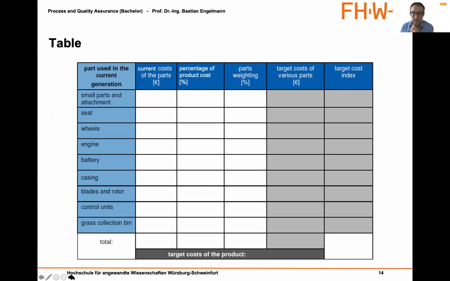And what you do then is you calculate the percentage of product costs. So you take the 1,600 euro as a basis, then the individual costs, and you divide the individual cost by 1,600 euro times 100%, and you get then the percentage of product cost for this individual part.